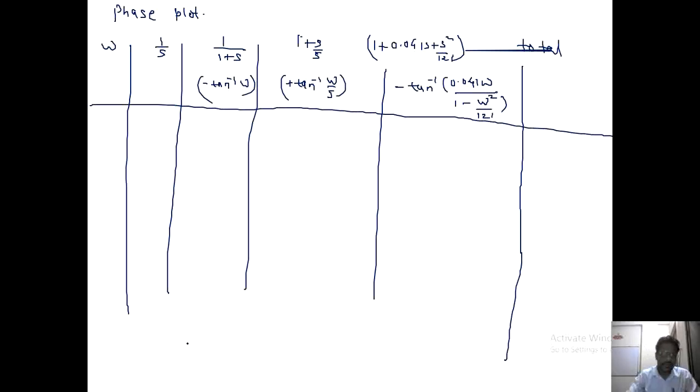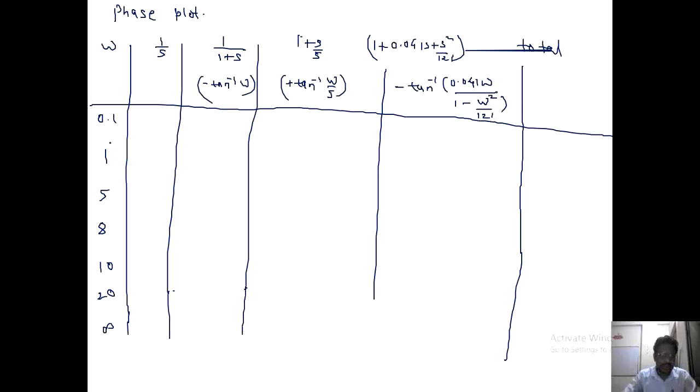Now at random you can select different values of omega. So suppose I choose 0.1, 1, then 5, 8, 10, 20 and so on, up to infinity, or 100, 200, whatever.